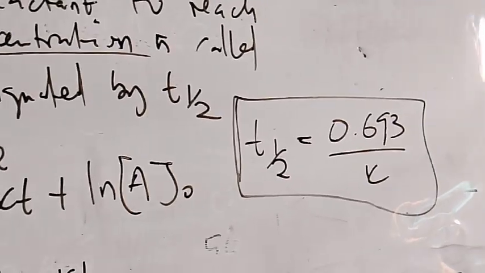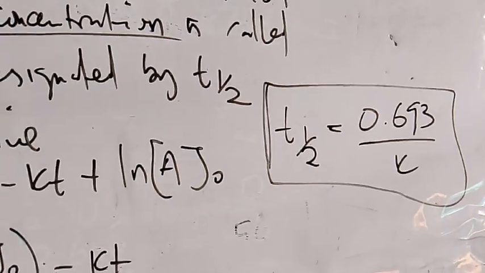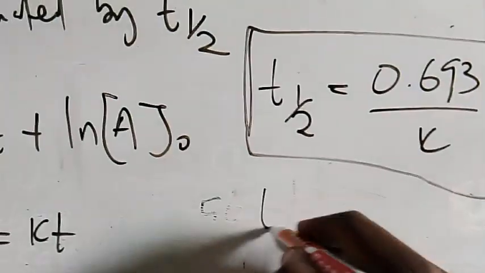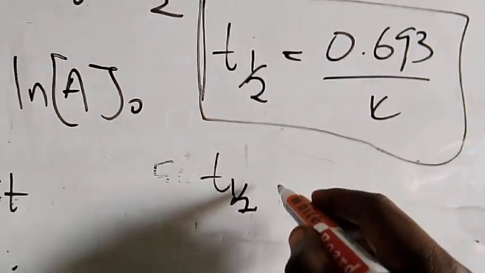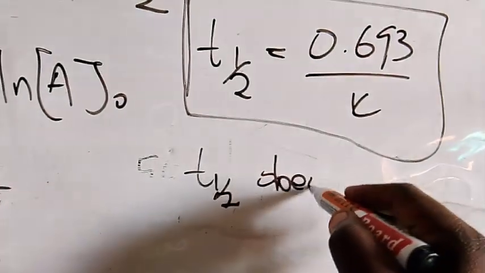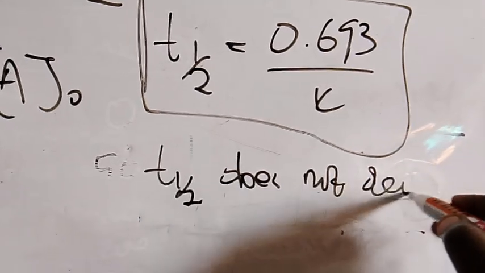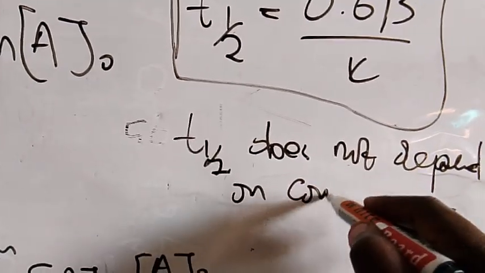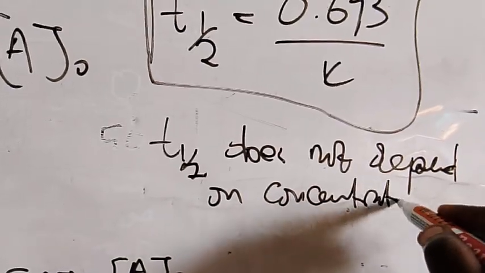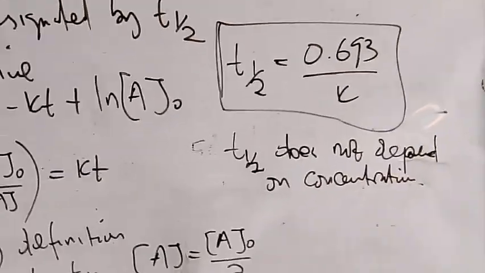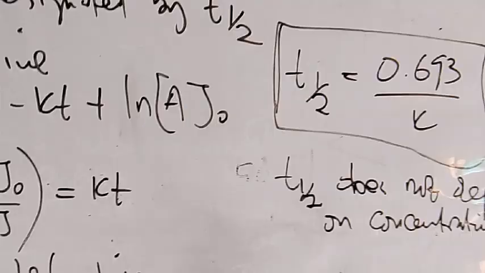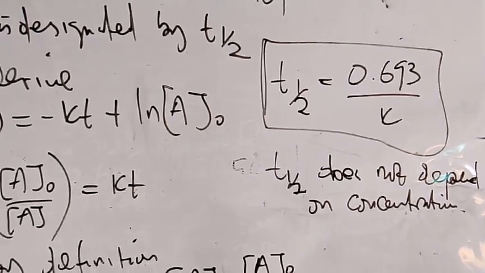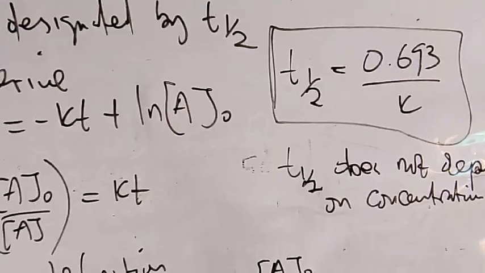Note that for a first order reaction, the half-life does not depend on concentration. So t half for a first order reaction does not depend on the concentration of the reactant.